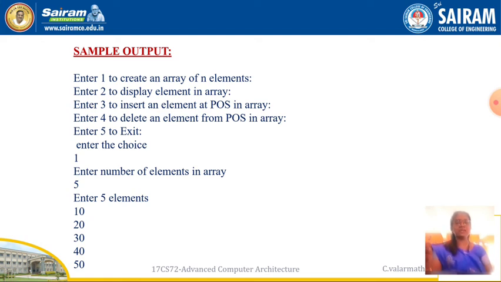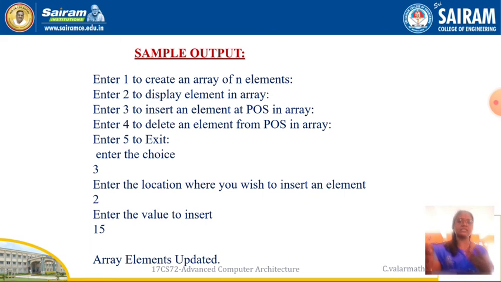So 1 means creation of the array. Before creating an array, we need to get the number of elements. How many elements are required? For this case I am giving 5. After I gave the 5, it asks which elements are to be given. So 10, 20, 30, 40, 50 are the 5 different elements that are created.